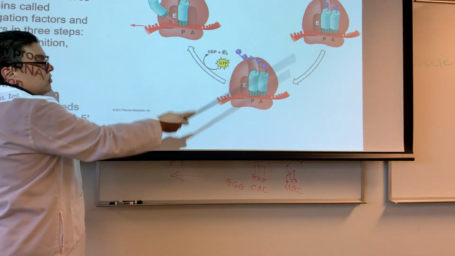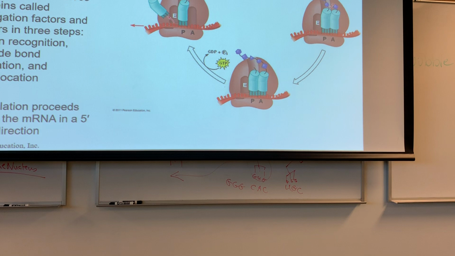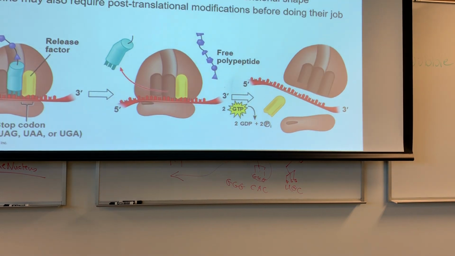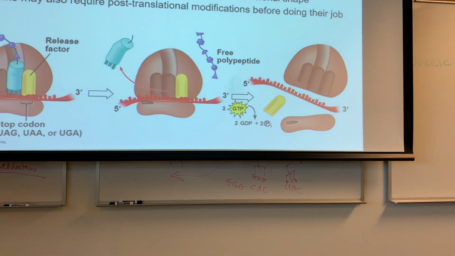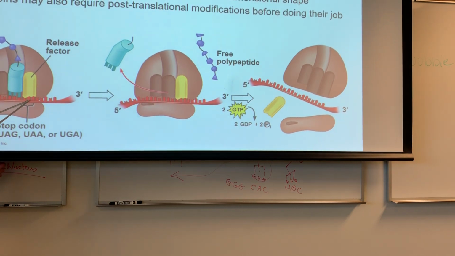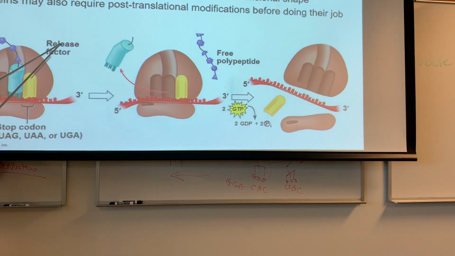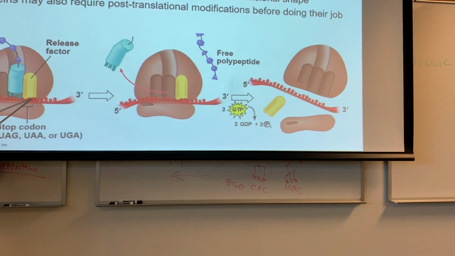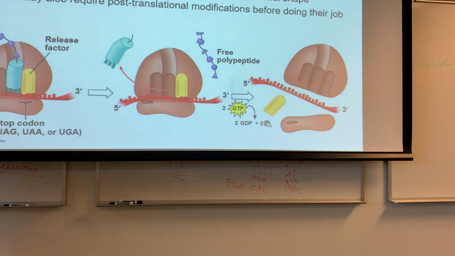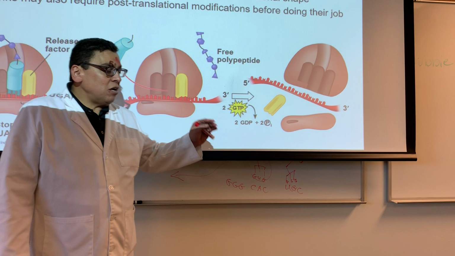And the cycle repeats over and over and over until it reaches a stop codon. Once it reaches a stop codon, it stalls. It's looking for a tRNA that is complementary to this codon, but it does not exist. So it stalls. The release factor, which is a protein, binds to that site and orders the whole thing to disassemble, because then you're done. You have reached translation termination.